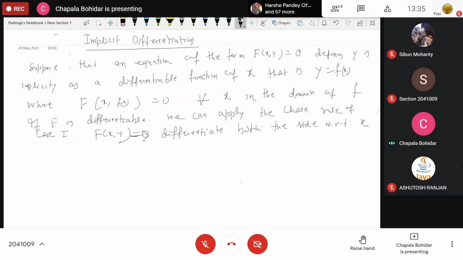Both x and y are functions of x. x is the function here, y is also a function of x.